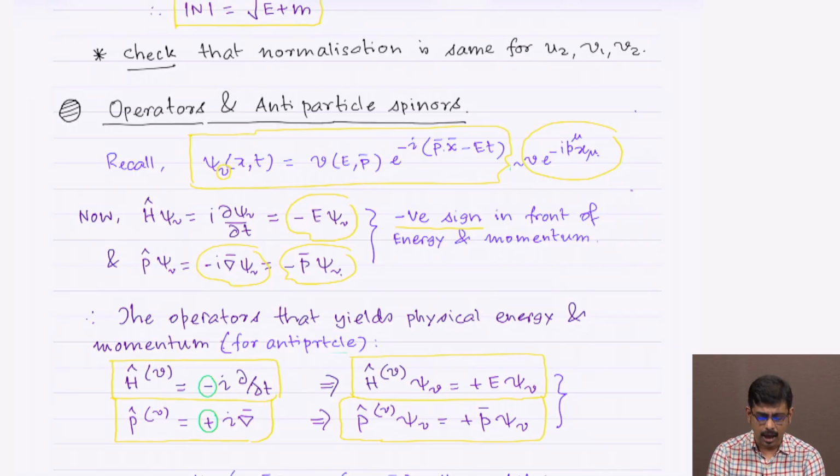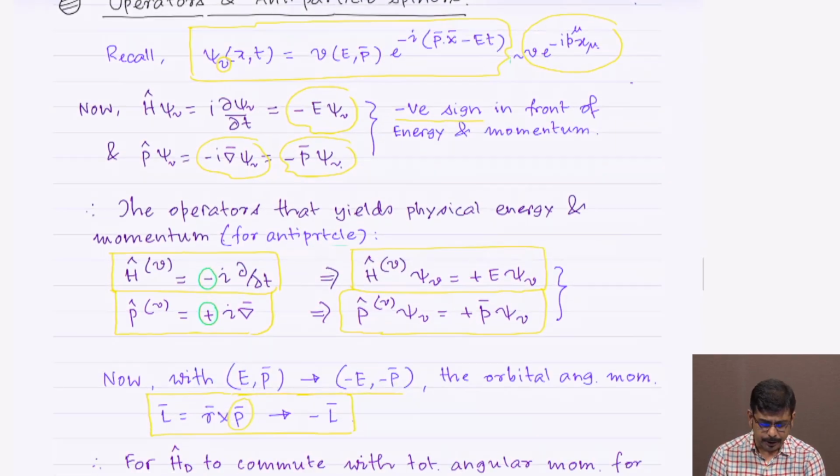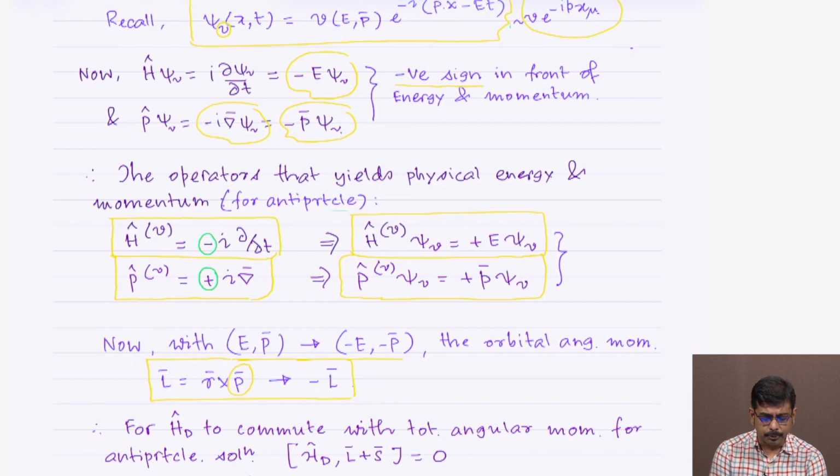If you have to extract the energy associated with the antiparticles, you have to take a negative sign on top of that Hamiltonian operator. So the Hamiltonian operator which acts on the antiparticle-like solutions should be minus i del/del t, and the momentum operator will be i del.